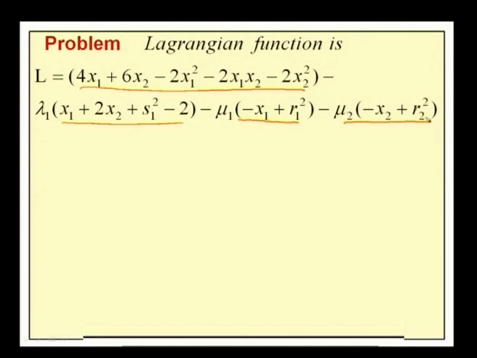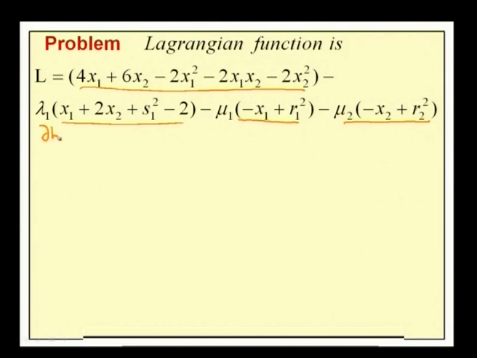In order to derive the Kuhn-Tucker conditions for the given problem from this Lagrangian function, by differentiating L partially with respect to x1, x2, s1, lambda1 and mu1, mu2, r1, r2 we will get a set of equations.